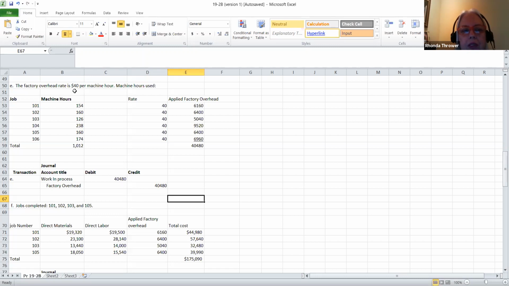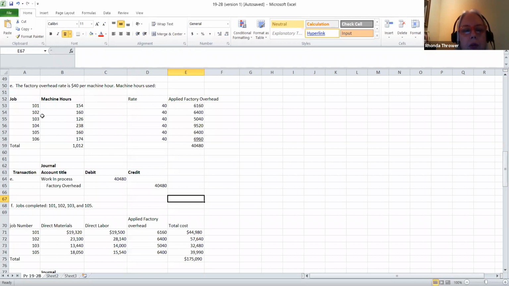You did not have to calculate this predetermined rate. They gave it to you, but you did need to know that it was based on machine hours. So you would have determined the machine hours for each job and multiplied it by this $40 rate, and that will give you the applied amount of the factory overhead, which is our estimated factory overhead.